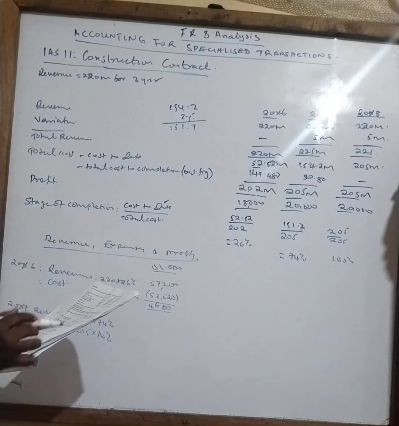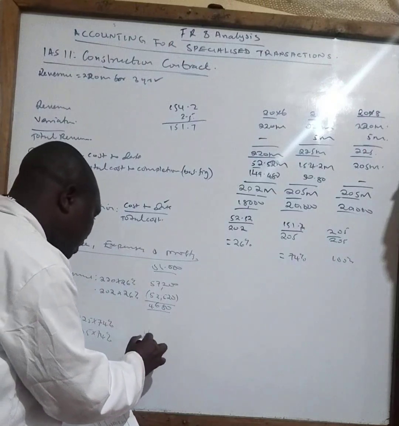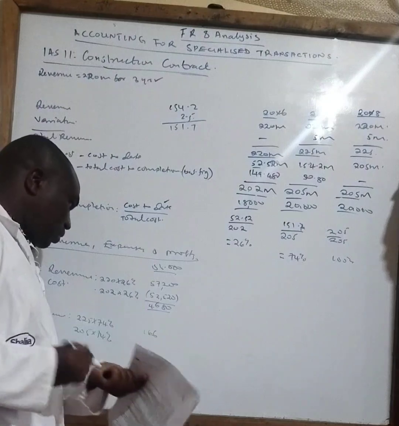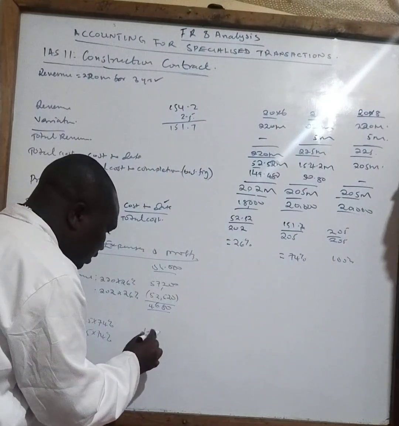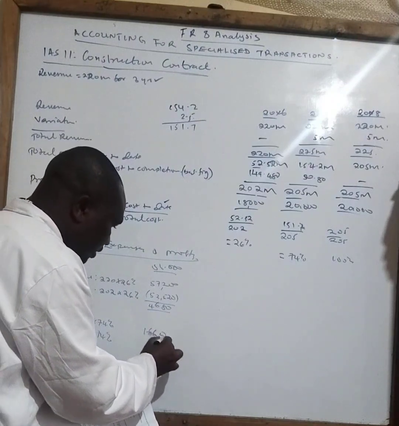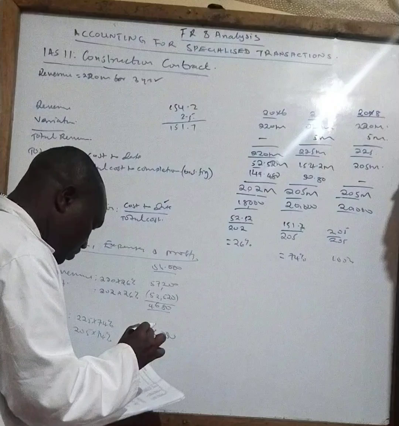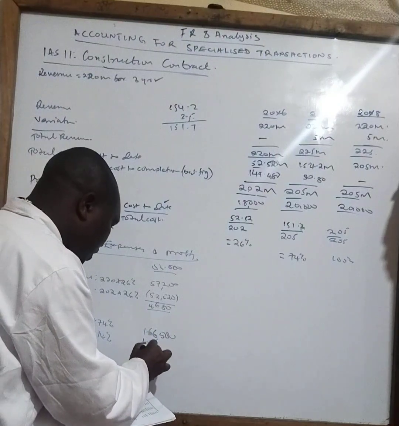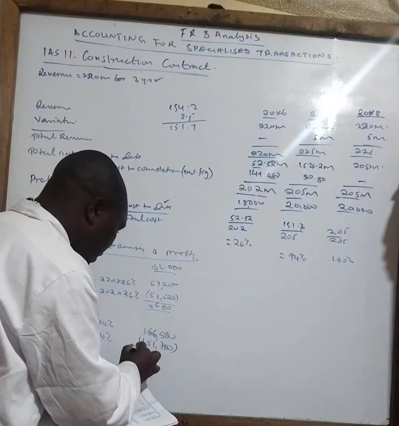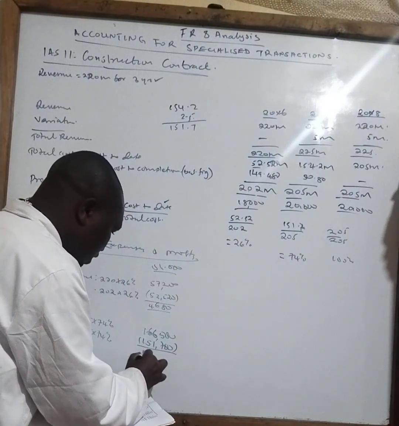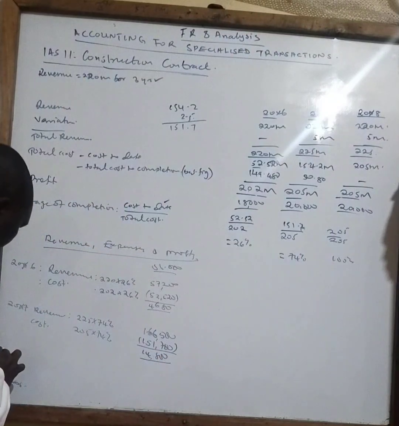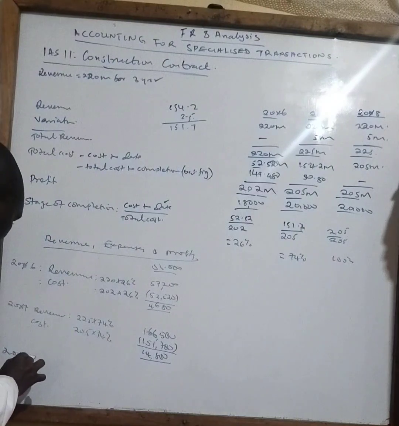If you work out carefully, you will find 166,500. Then cost here, work out, you get 151,700. If you subtract, your answer you get is 14,800. For which year? 2007. Then go to 2008. Revenue.